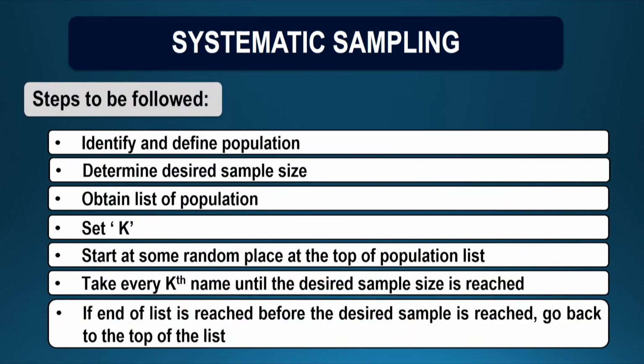The major point of concern when we select systematic sampling technique is if there is any chance of periodicity in the list of population. In that case, simple random sampling technique needs to be used instead of systematic sampling technique. So it is a modification of simple random sampling technique. The steps to be followed in systematic sampling are: take every kth name until the desired sample size is reached.